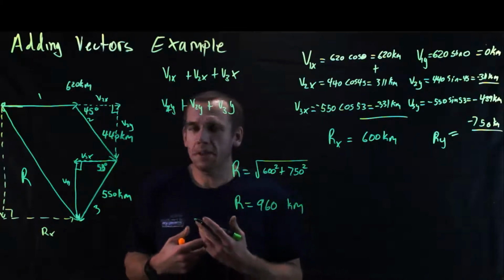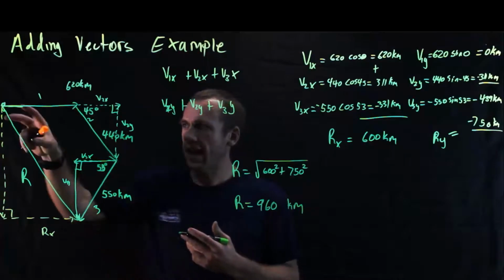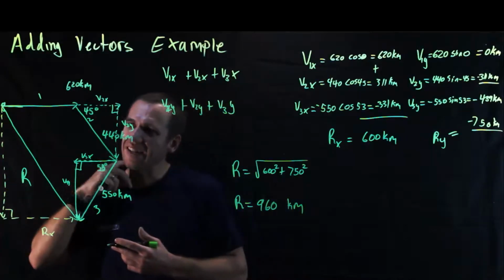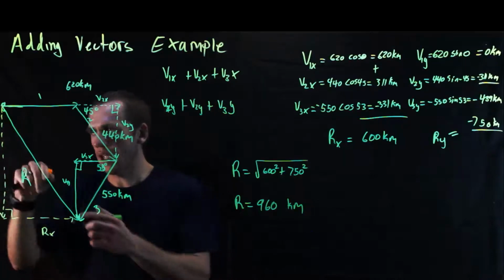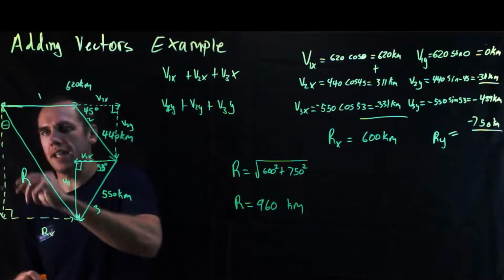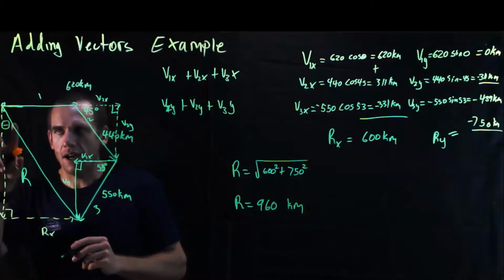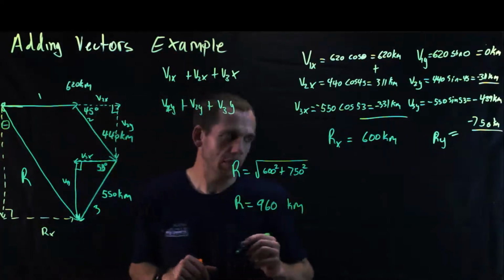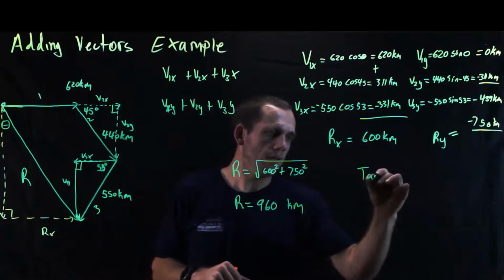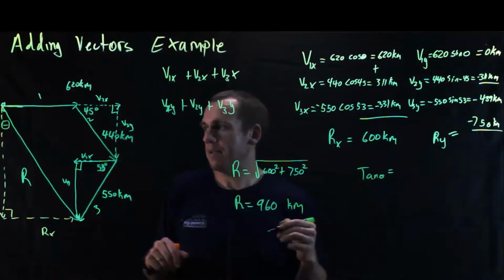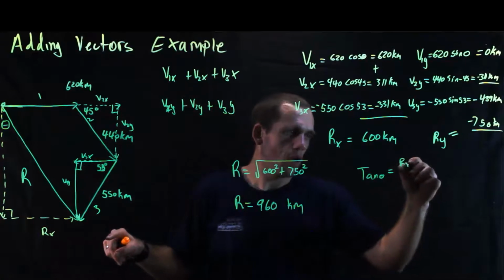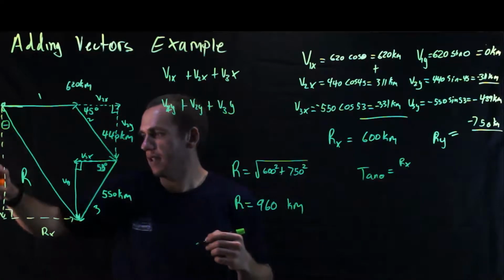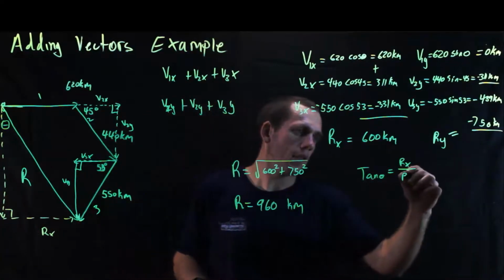It doesn't really matter what you pick, but I have my picture here and I've got my components drawn here and here. This is south, right? And so I'm going to go ahead and find this angle right here. And to do that, I'm going to use the arctangent function, right? Now remember, tangent of theta is equal to the opposite side, and opposite of this I have x over the adjacent side, and adjacent to this I have y. Right?